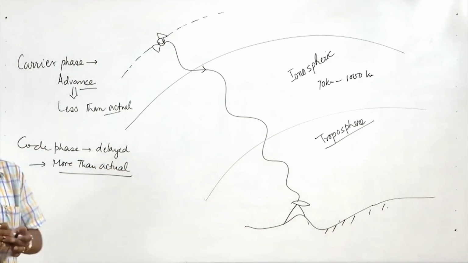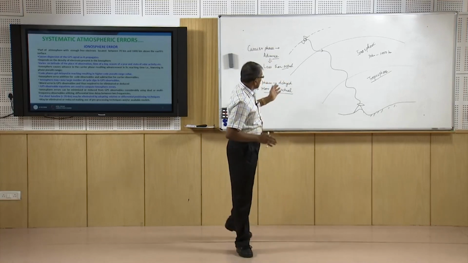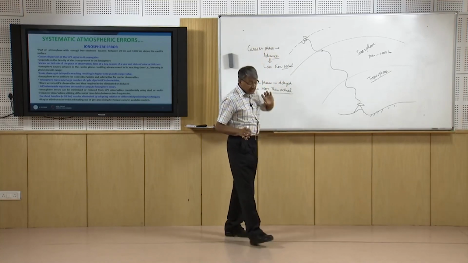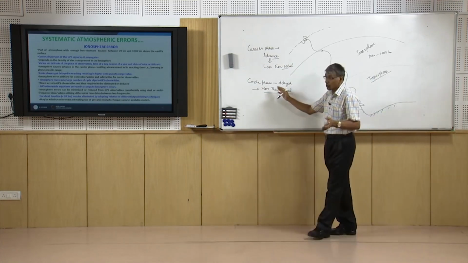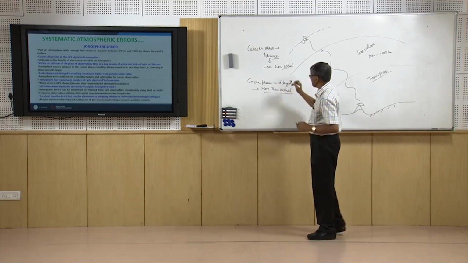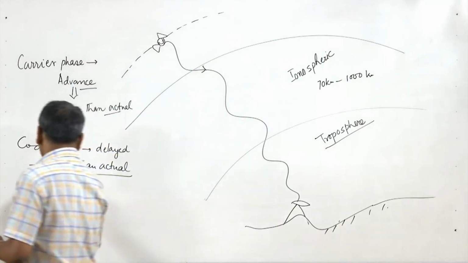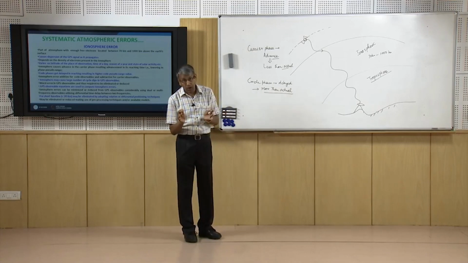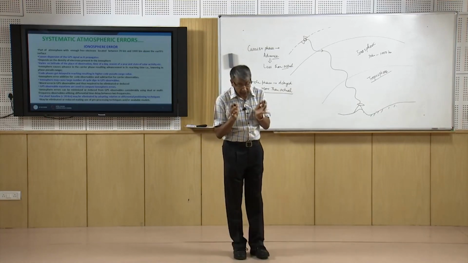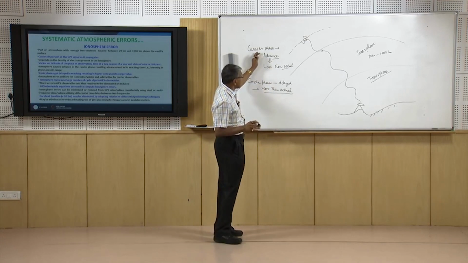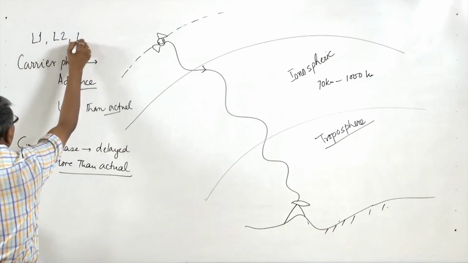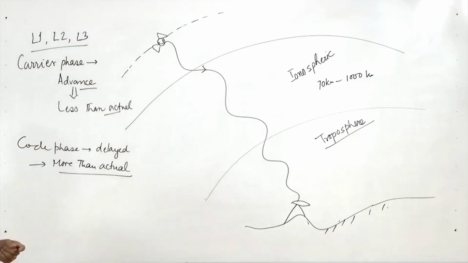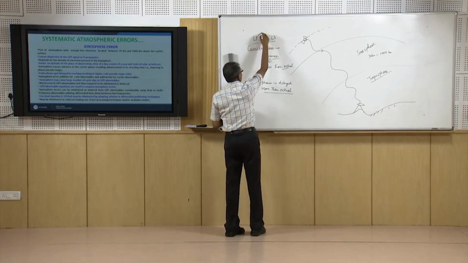So, the effect of the ionosphere on the carrier part of the signal is different from its effect on the code part. Not only that, but the amount of ionospheric error will also be different for different types of signals. For carrier phases like L1, L2 and L3, the effect of the ionosphere will be different for each of these.